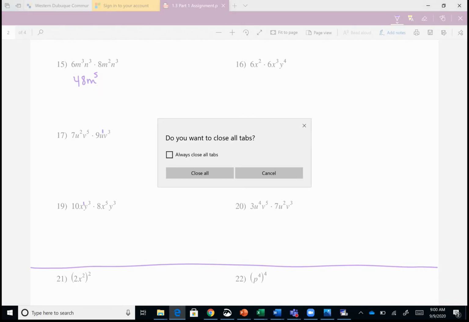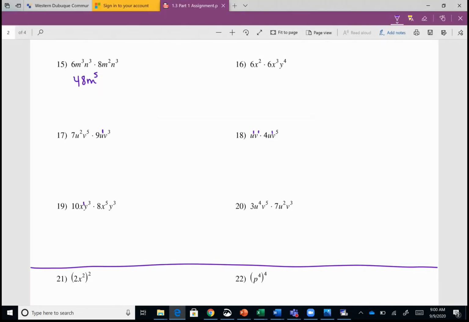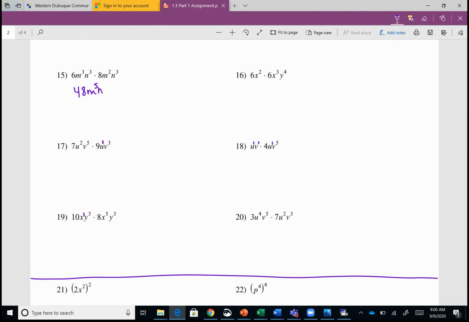And then we have n, 3 plus 3 is 6. And number 16, 6 times 6 is 36. x, we have 2 plus 3 is 5. y to the 4th. And number 17, 7 times 9 is 63. Then we have u to the 2 plus, remember there's a 1 on that second u. v to the 5 plus 3 is 8.